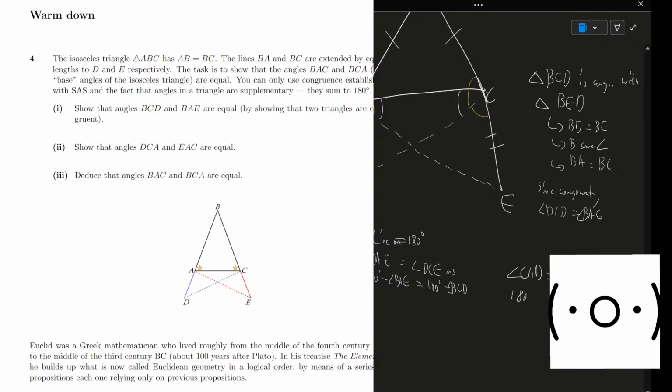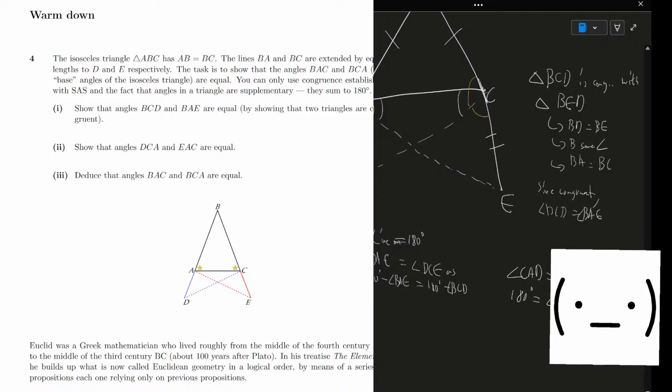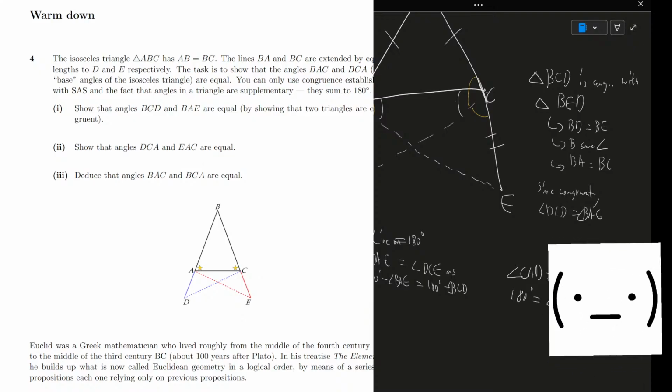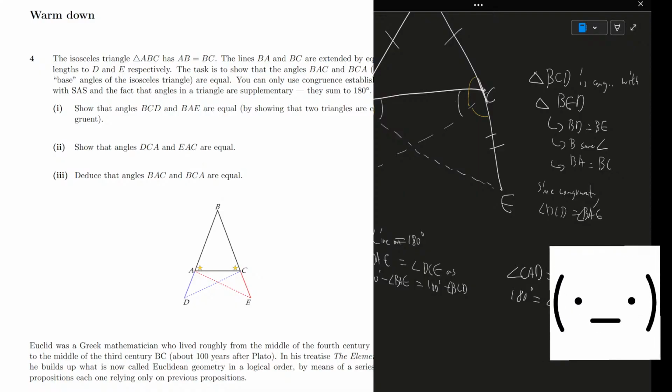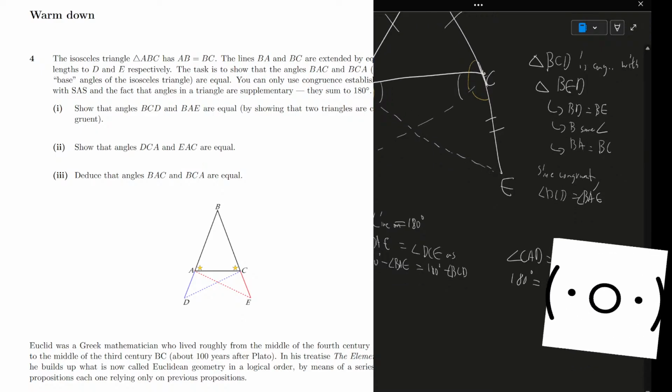We know that 180 equals DCA plus AC. Now, does that take us any further?